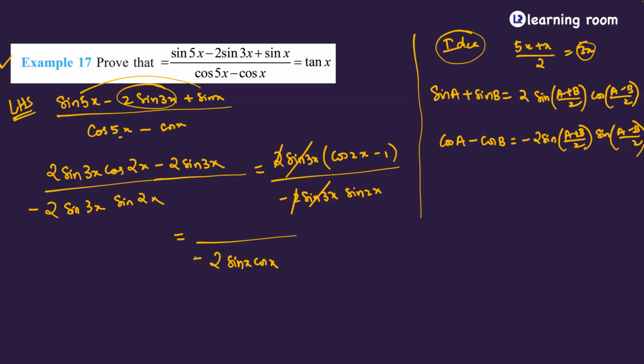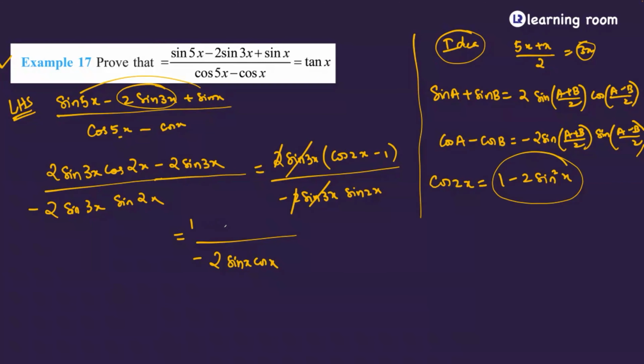Why? Only then one sine will get cancelled. So for me to get the 2 sine square x, I have 3 formulae for cos 2x: cos square minus sine square, 2 cos square minus 1, or 1 minus 2 sine square. So I need to use this. Take that and substitute it here.